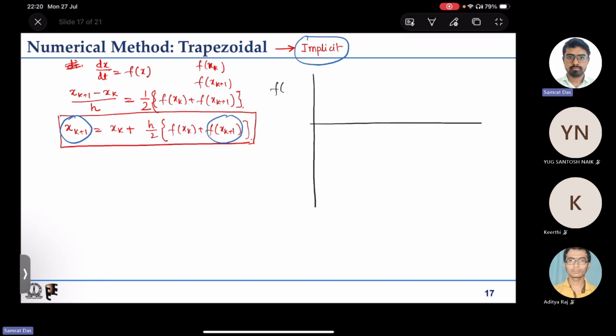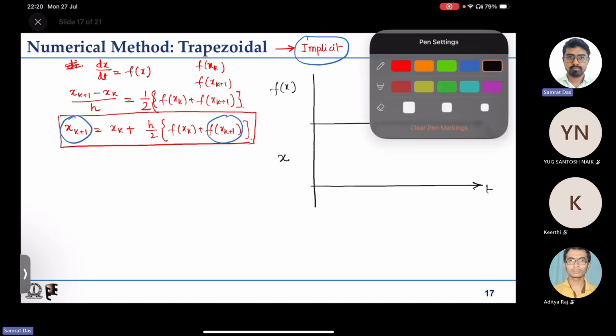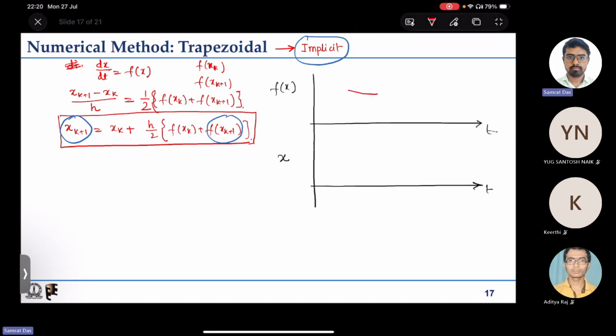So this is f(x), this is time, this is x. We assume our signal f(x) to be something like this. These were our sampling points. This is k, this is k plus 1.